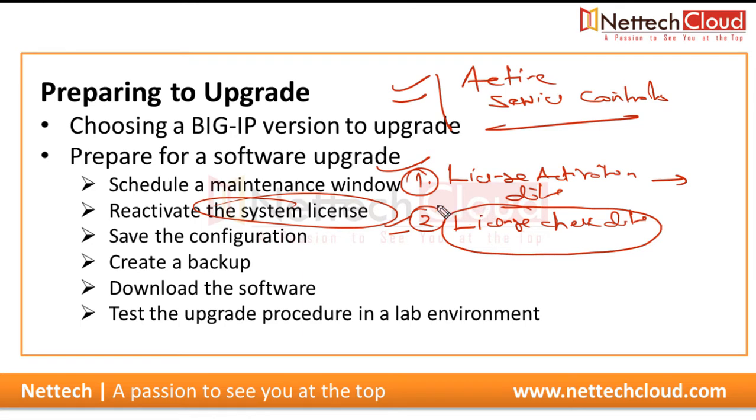You need to find out both, and the license activation date should be greater than the license check date of a given software release. And if not, then reactivating the license ensures the configuration loads after an update or upgrade, because it's a big problem.